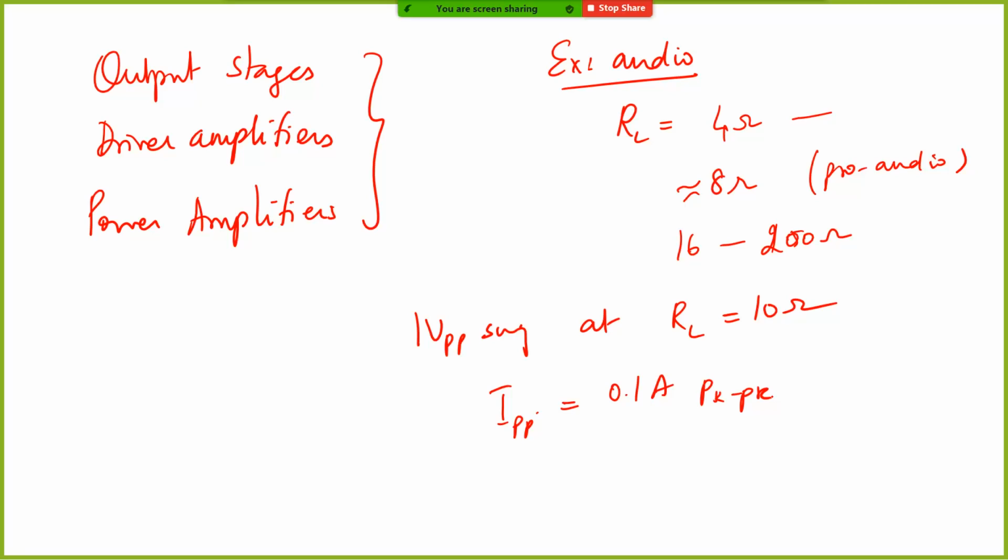Now, let's say the power is 100 watts. If you give a sinusoidal signal, that is easier for us to measure and do analysis. So Vrms squared by RL is 100 watts.